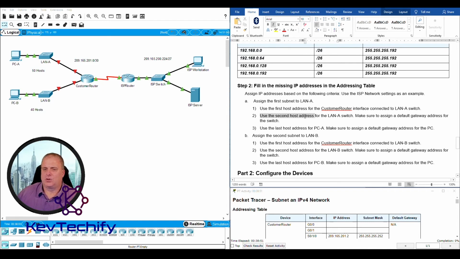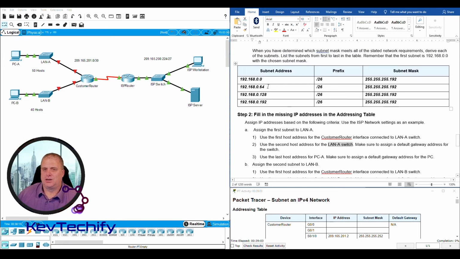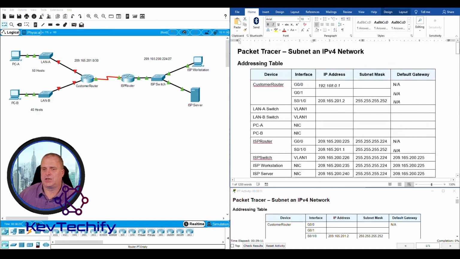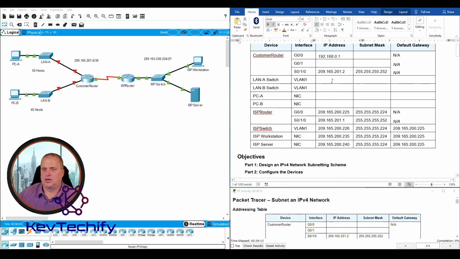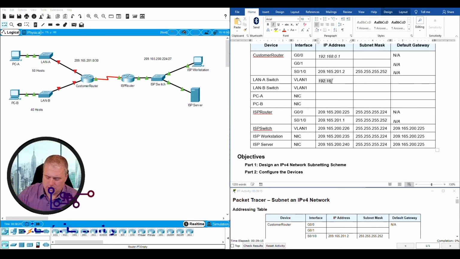Use the second host address for the LAN A switch. Now for the LAN A switch, what we want to do is use the second address. .1 was the first address, that went to the router. .2 is the second address, that's going to go to the LAN A switch. 192.168.0.2.